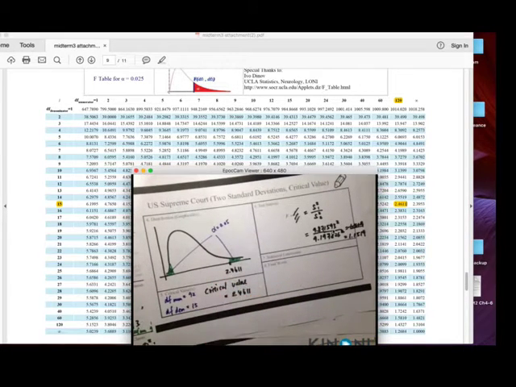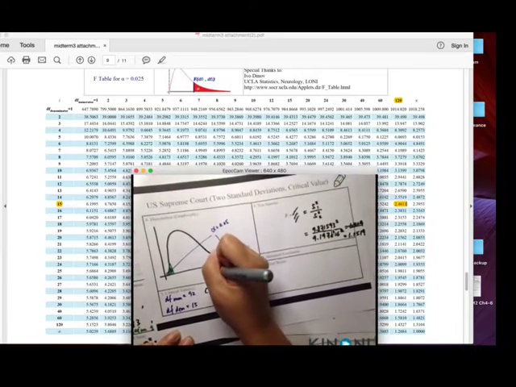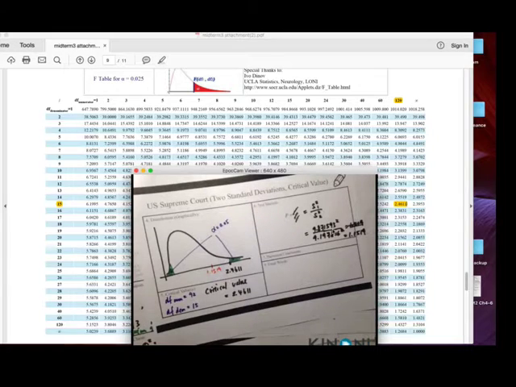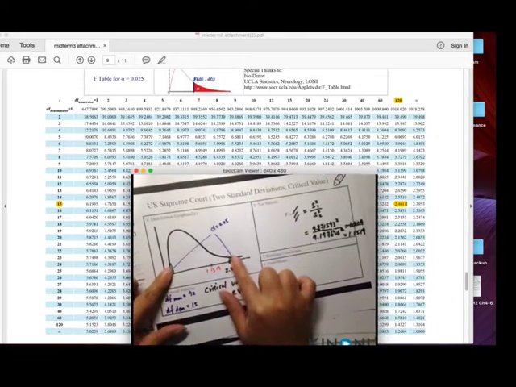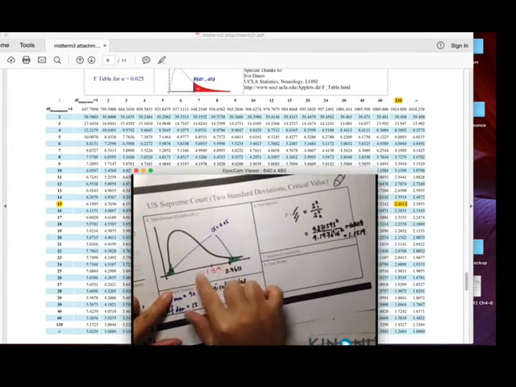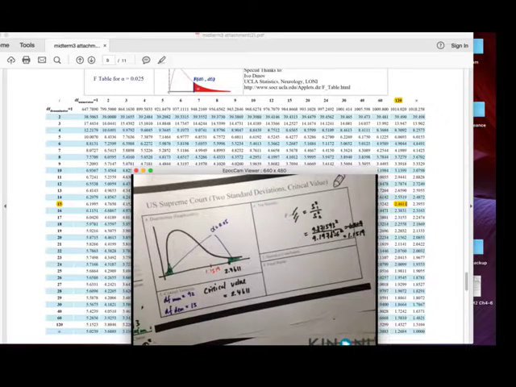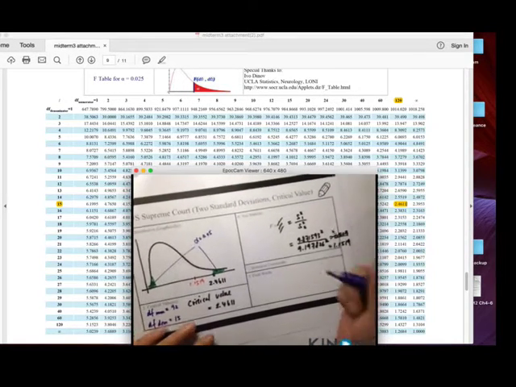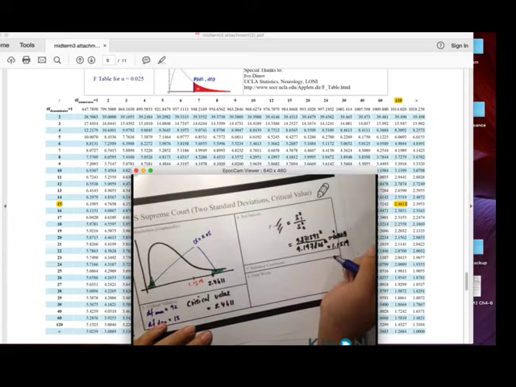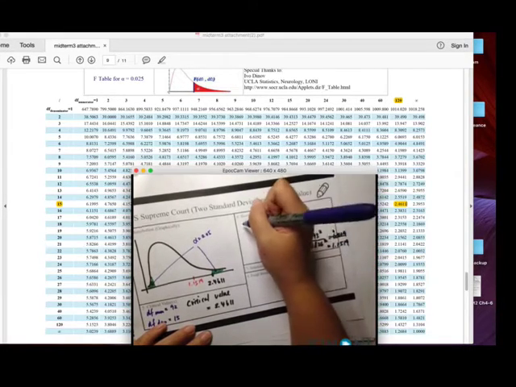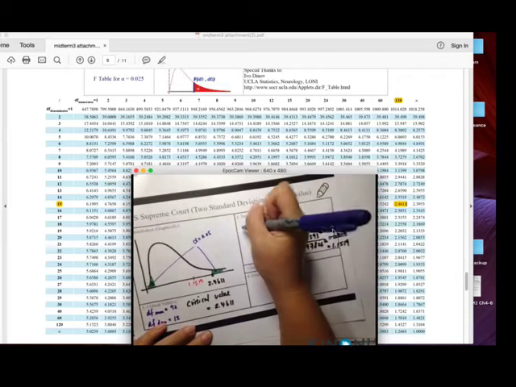1.1519 should be somewhere around here. And we can say the test statistic is not in the critical region. These two parts are the critical region, so this is not in the critical region. I don't have enough space here, so I'm going to put it here.